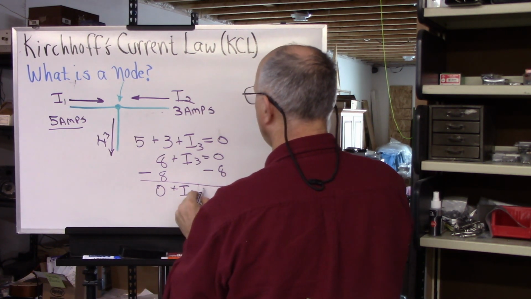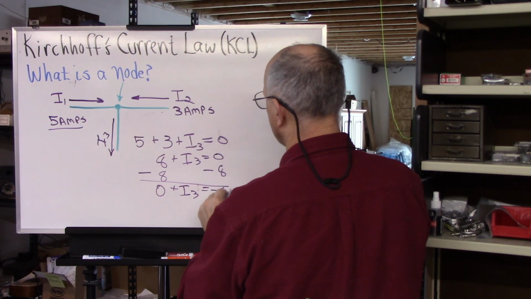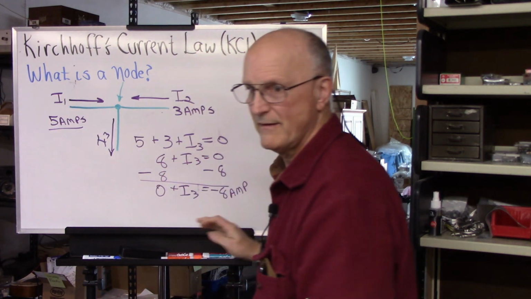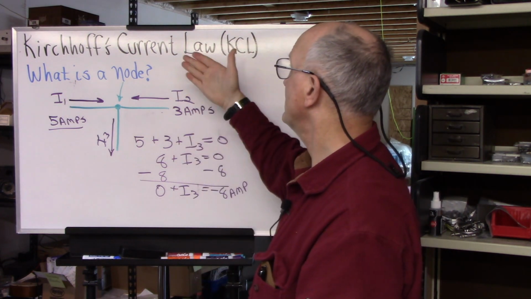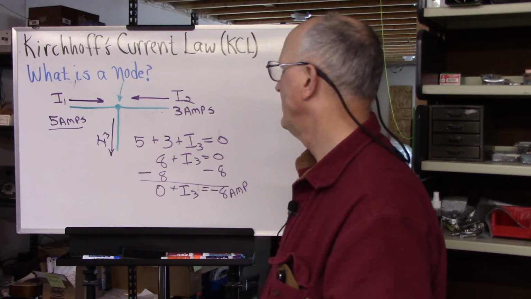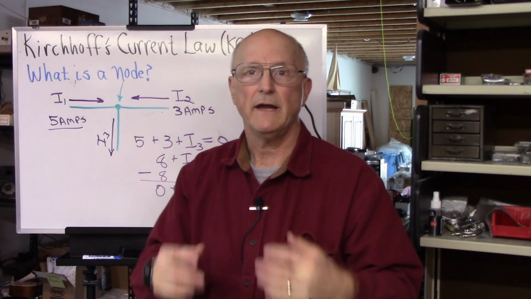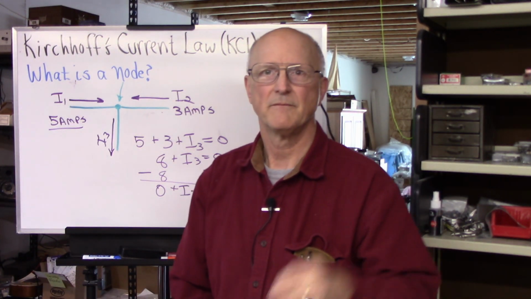So I3 is equal to 0 minus 8, which is minus 8 amps. So there you go. This is Kirchhoff's current law. The algebraic sum of all of the currents entering a node must equal 0.